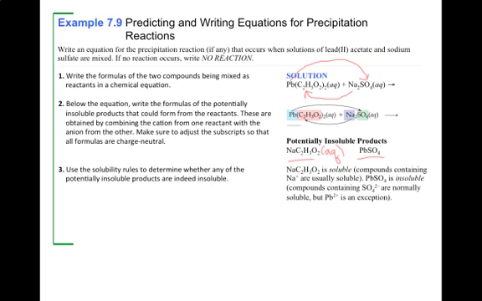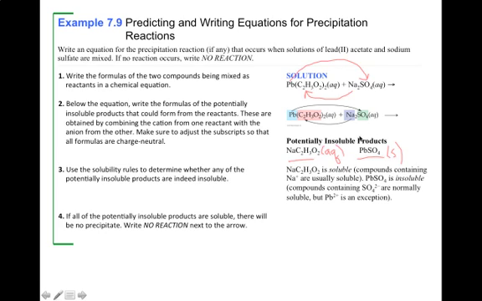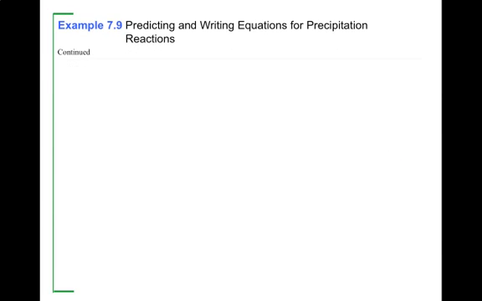Lead sulfate is insoluble. So let's write solid beside it. So we are going to have a reaction because we're forming this lead sulfate. So if all of the potential products are soluble, there'll be no precipitate. But in this reaction, we do have a precipitate. Since this reaction has an insoluble product, proceed to the next step.